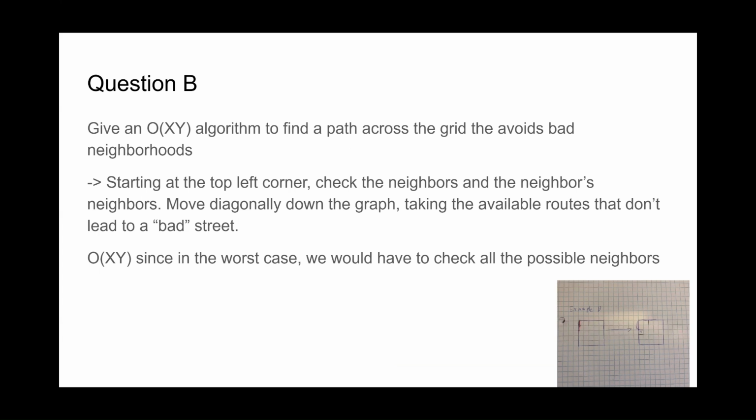And moving diagonally down and to the right will lead you eventually to the ending intersection. The time complexity in this case would be xy, because in the worst case, we would only have to check every intersection once.